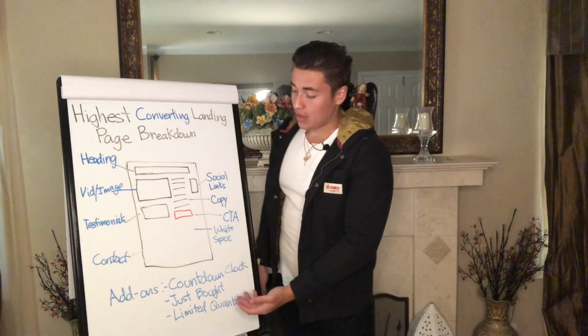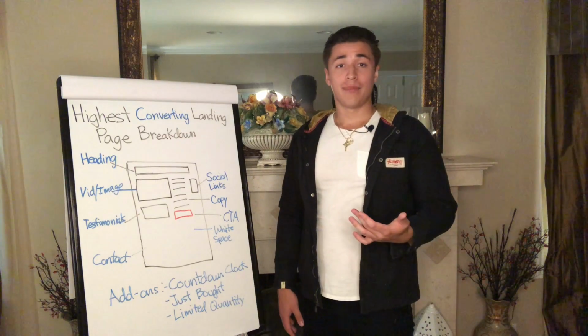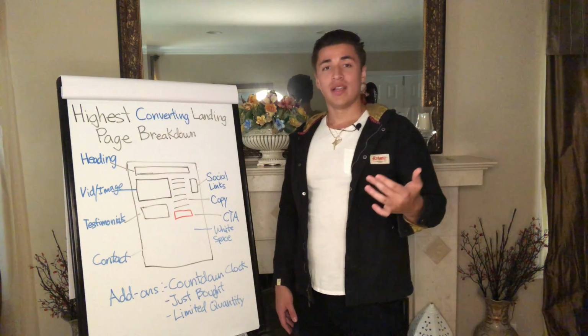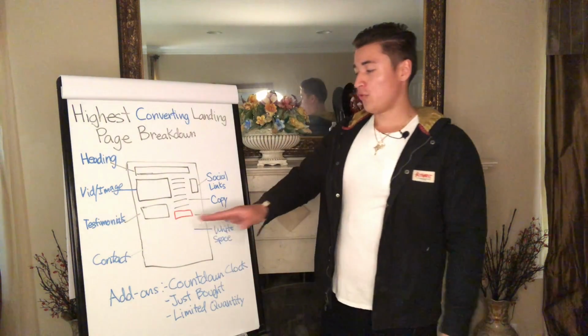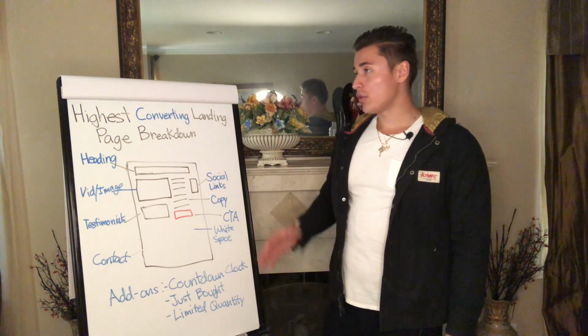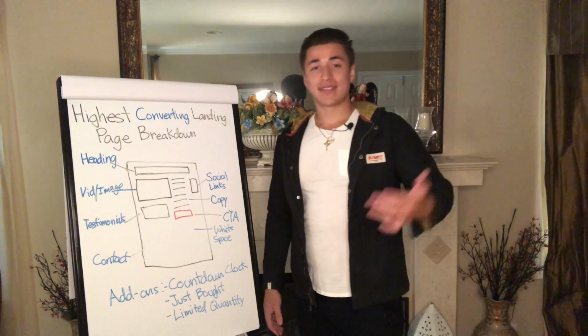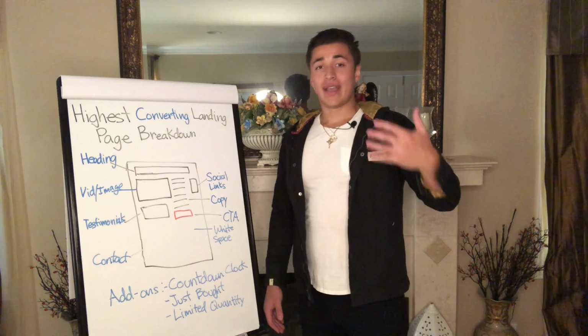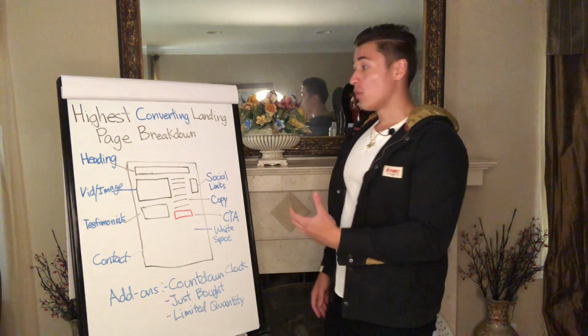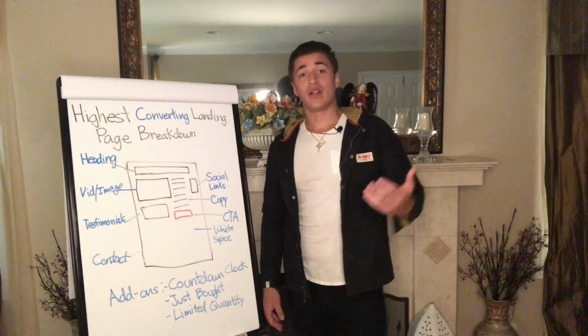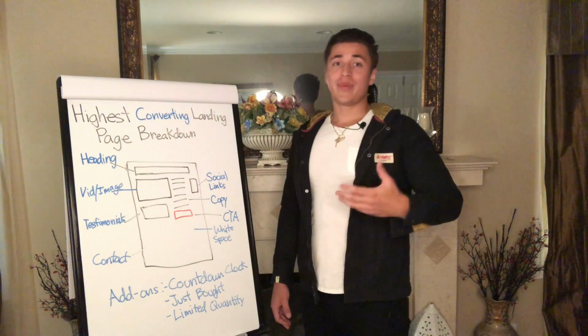You can have a just bought ticker where it says 40 people bought this in the last hour, or you can have John from Louisiana just bought that. Again, these are all things that you can incorporate into your landing page. If you have a developer, that should be easy to do, or you can make your own landing pages.